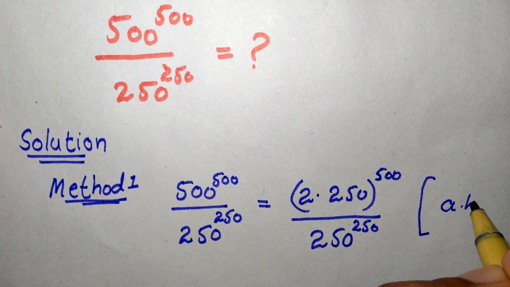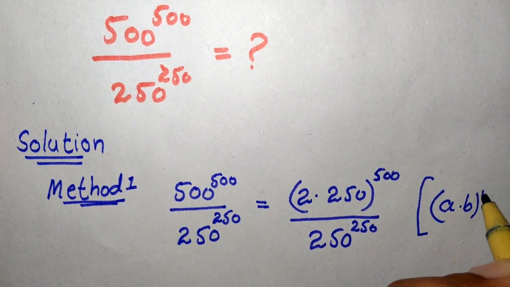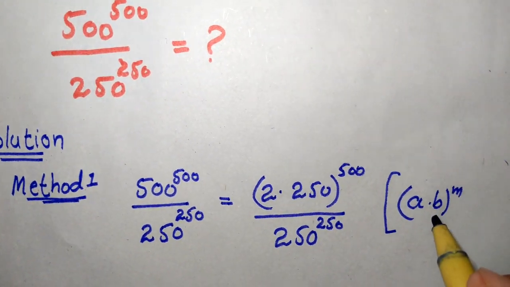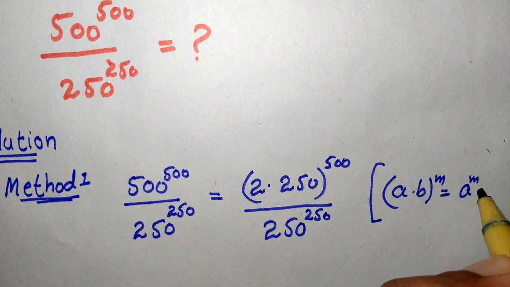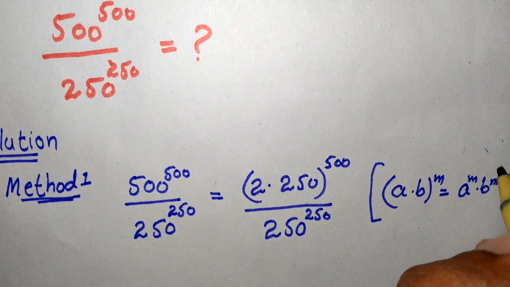Now we know that (a times b) to the whole power of m can be written as a to the power of m times b to the power of m.